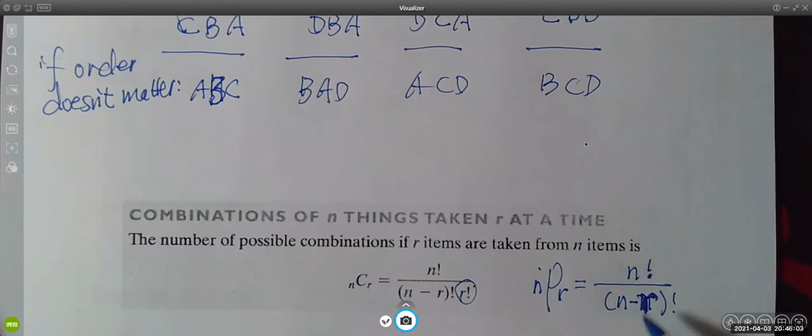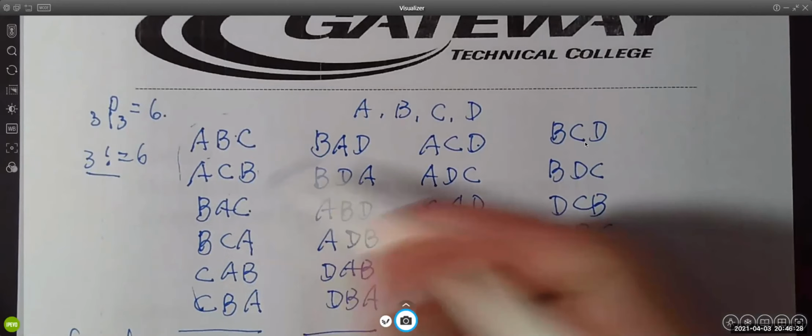This formula divided by another r factorial. Whenever you divide by anything, you put that thing on the bottom, right? That's why we put r factorial in here. It becomes this. So this is selecting r items out of n items where order makes no difference. That's a combination. That's the only difference, but the difference is huge. Like this one, 6 becomes 1. The whole thing, 24 becomes 4.